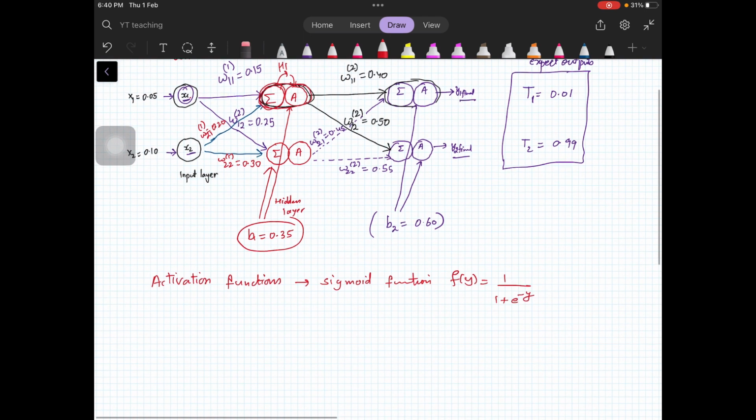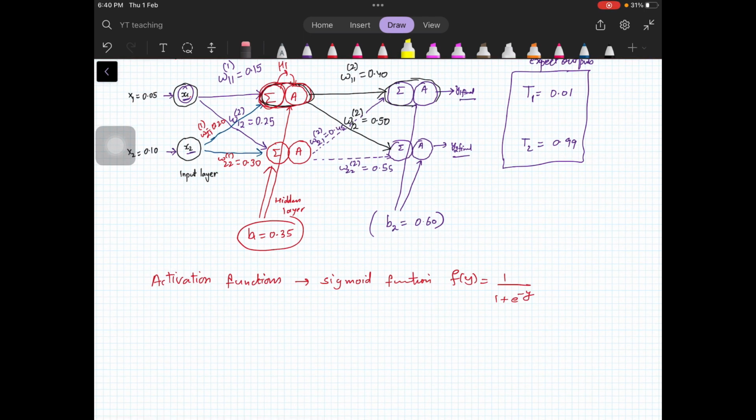So what will happen when x1 and x2 go into the summation part? I'm calling the output h1. So h1 is going to be the weight w11 times x1, plus w21 times x2, plus there is a bias term.